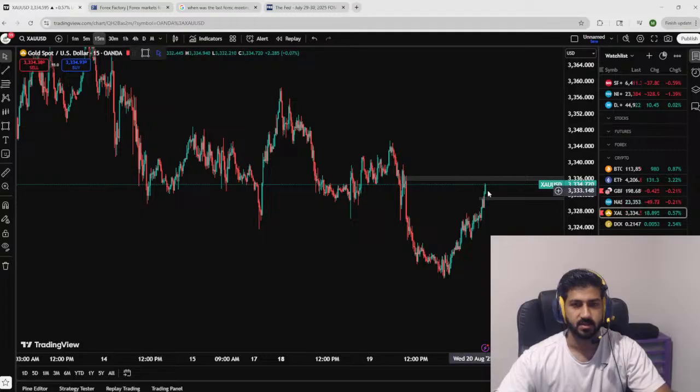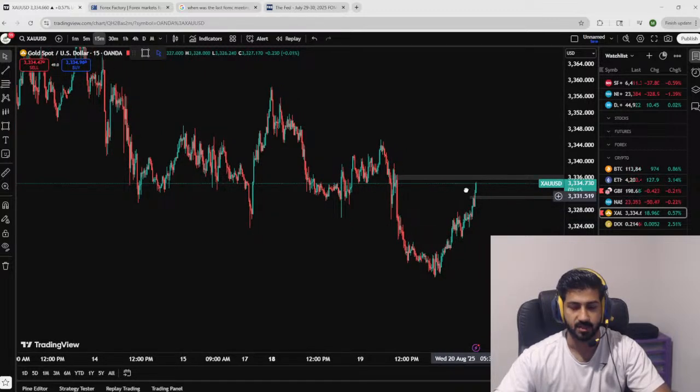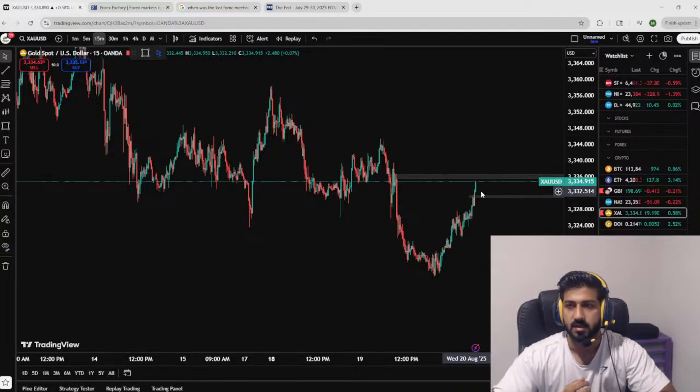There is a possibility that we're pushing up for CPI to grab liquidity. Well, not volume, just to grab liquidity. And then we will continue to push bearish because overall we're in a bearish movement. We're in a bearish trend.